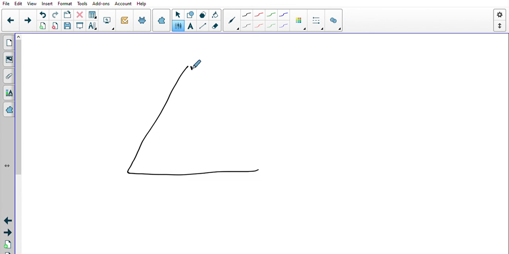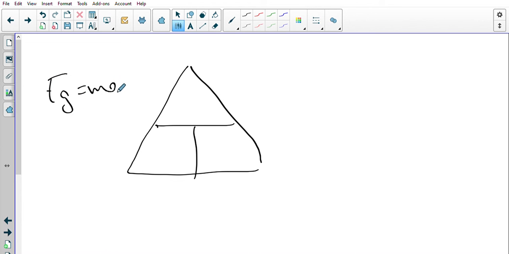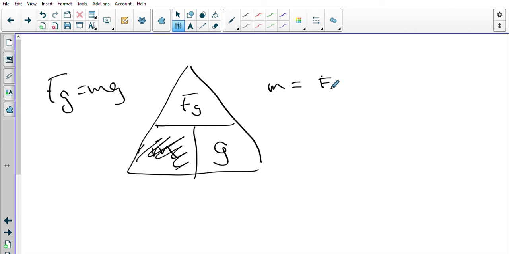We draw a triangle, we draw it like this. And so the formula is Fg is equal to mg. This is m times g, so we have m times g. This is Fg, so that's on the top. And whatever we are looking to find, we cover up. So we cover up the m, so that tells us m is equal to force of gravity over g.